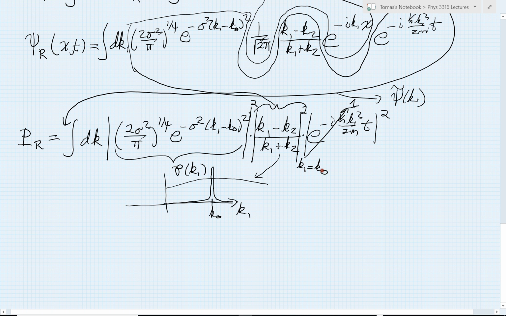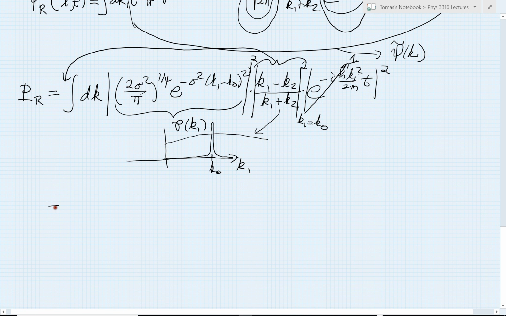So what I'm left with, if you're following the logic, is that factor that has factored out, and the remaining integral is going to give me something very interesting. I will have this difference, (k1 − k2)/(k1 + k2), squared when it comes out. It's modulo squared, but it's a real number, so it will be just squared. And of course, we will evaluate it for the momenta of the packet that I'm sending in.